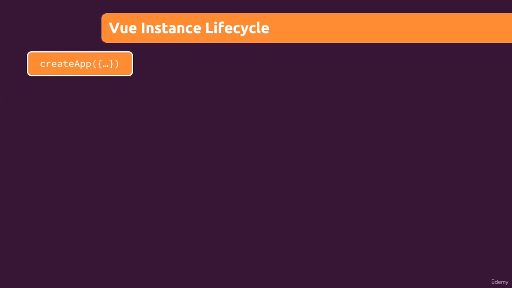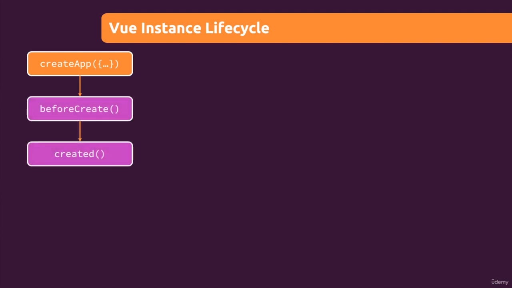For example, the first lifecycle hook that is reached is the beforeCreate phase. It's followed by a created phase. The difference is that beforeCreate is called before the app has been fully initialized, whereas created is called thereafter. At this point of time, we still have nothing on the screen though.